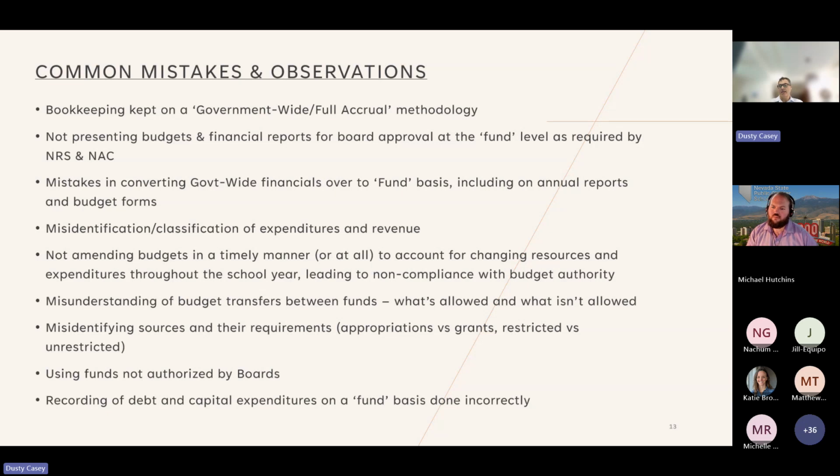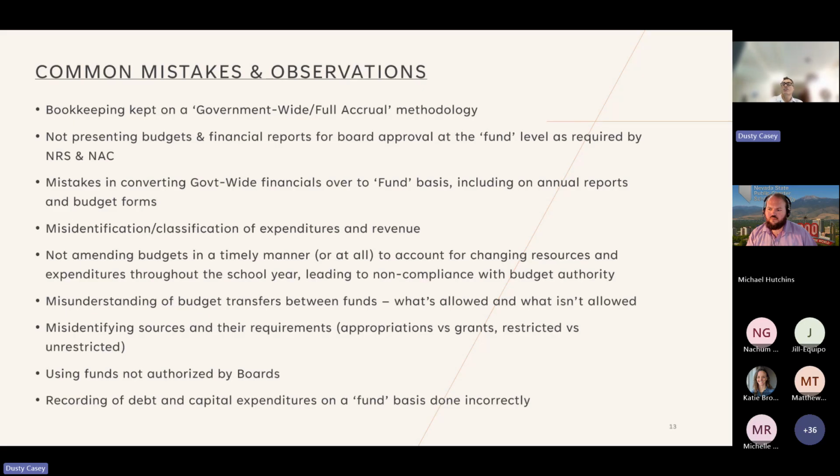I do want to make that statement: the financial performance framework of the SPCSA has long been set up pretty much solely on the government-wide basis. I don't know the history of all of it. I'll be totally honest with you. But so it is understandable why a lot of schools, the majority of schools, have set their books up that way, more than likely in compliance with the state performance framework.